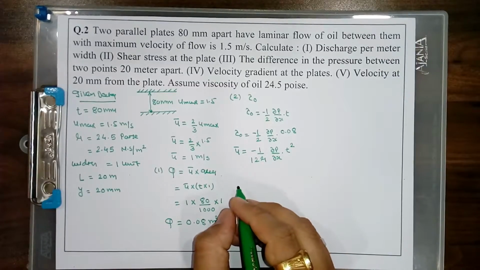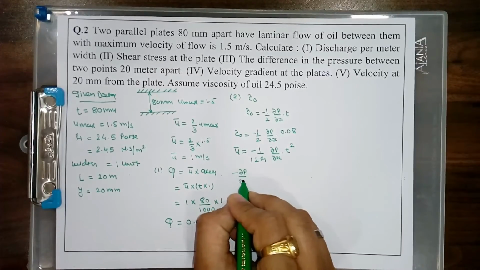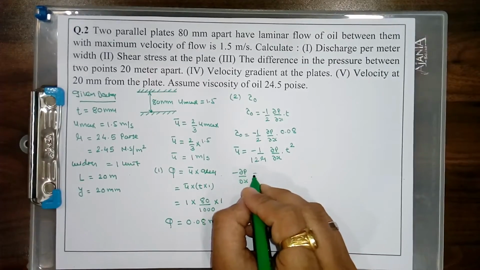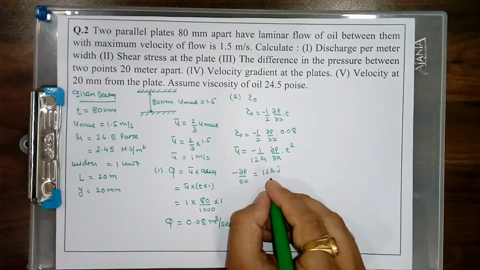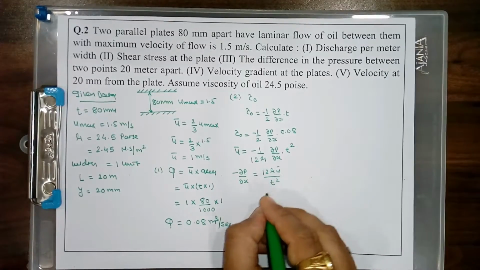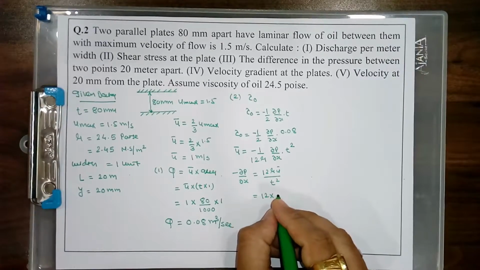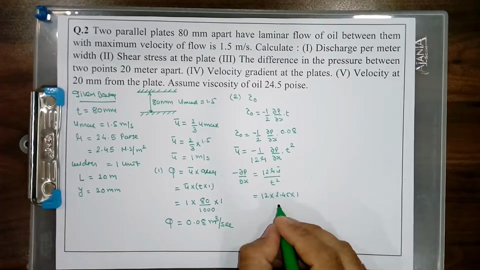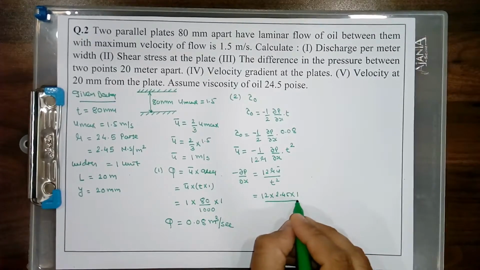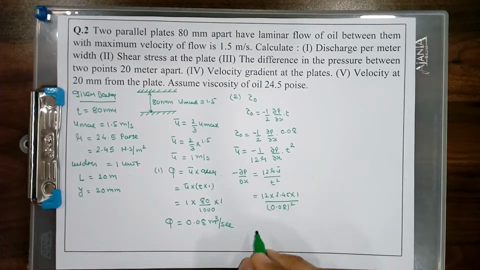From that we make del p by del x the subject. So minus del p by del x equals 12 mu u average divided by t square. Now we put down the values: 12 into mu, that is 2.45, into u average, which is 1, divided by t, that is 0.08 whole to the power 2.